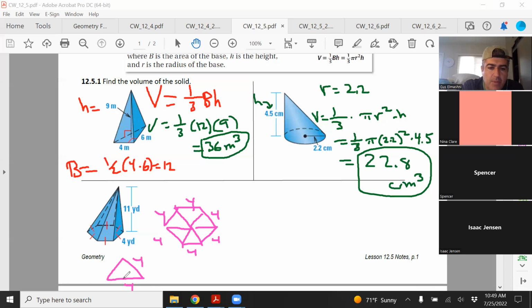That's 4, that's 4. The apothem is 2√3, by the way. We worked that out; that's part of the 30-60-90 triangle ratios. So 1/2 times your apothem, 2√3, times your perimeter. You have 6 sides, each side is 4, so you have 24√3.